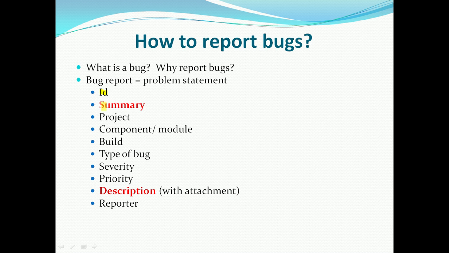Now the next data that you have to give in the bug report is a summary. The summary is, you can say, the most important or the second most important data that you have to write in the bug report, so write it very carefully. The summary should capture the essence of the overall bug or the overall problem in a compact form, in few words.